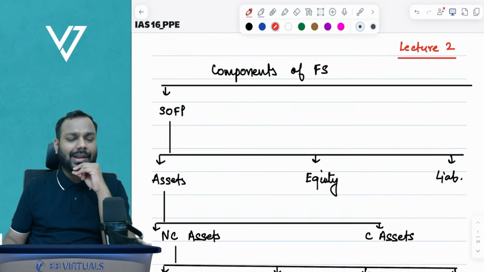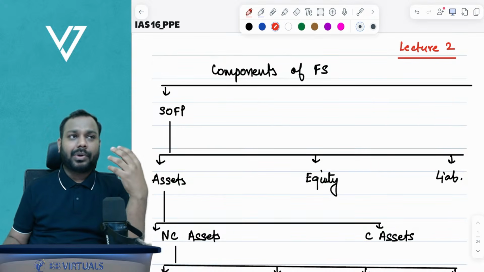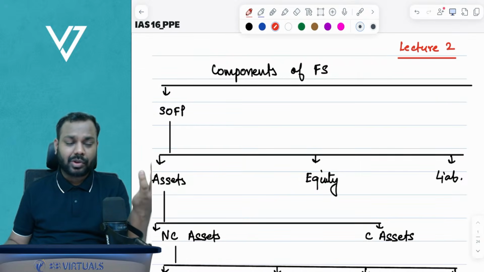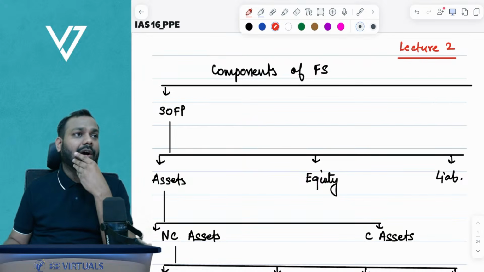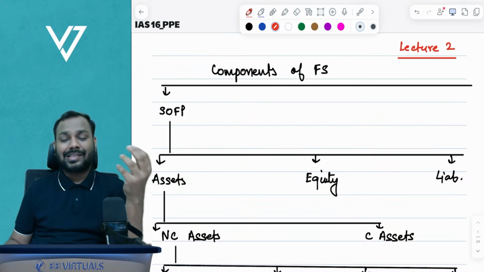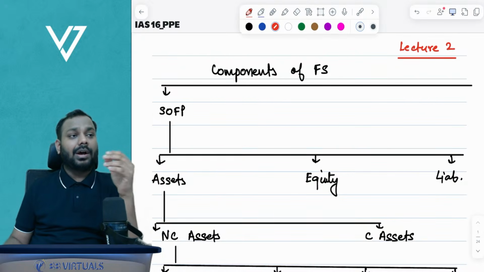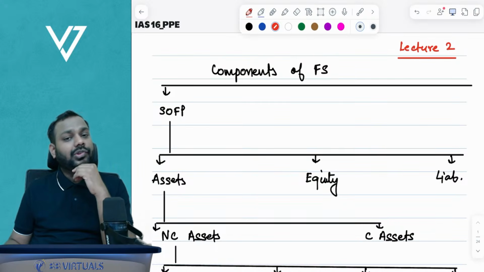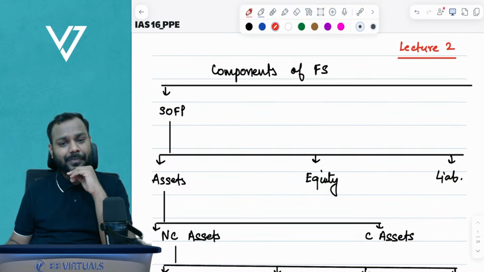In the second lecture, we discussed the basics of SBR: what financial statements are and their elements, that is assets, liabilities, income, expense, equity. We also covered the basic concepts of P&L, other comprehensive income, retained earnings, the basic rules of journal entries, and the concept of time value of money.